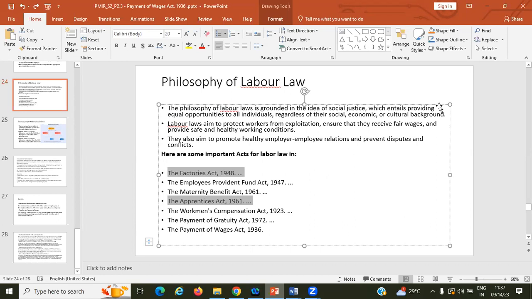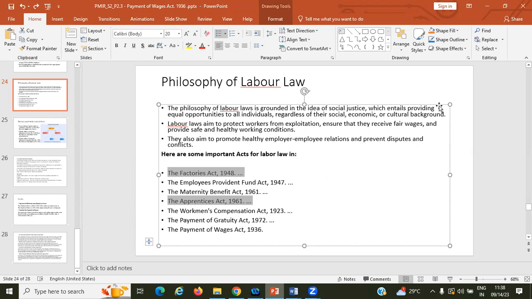So we understood the philosophy of labor law, what the different acts are, and how this is going to satisfy the employees through different acts, tools and mechanisms.